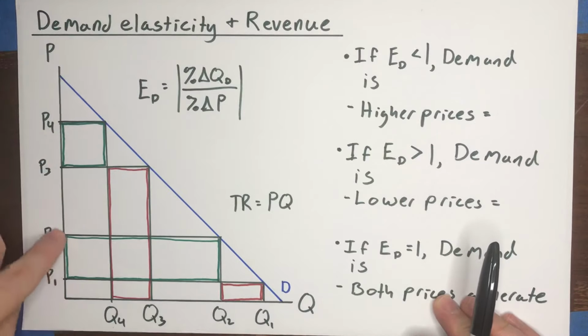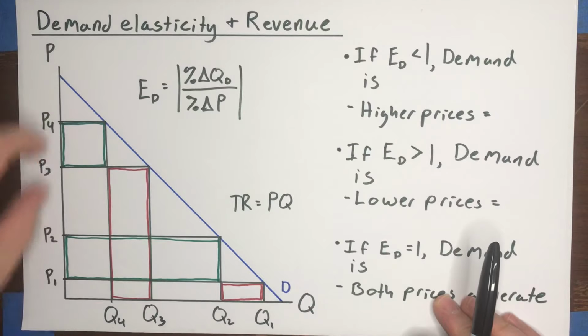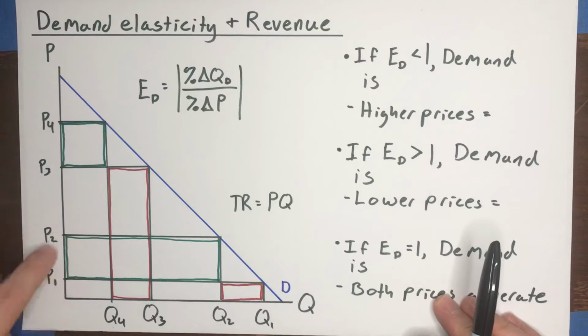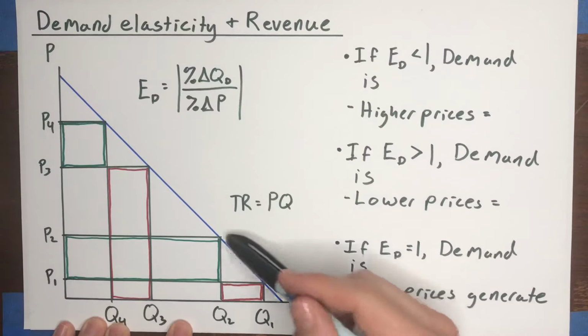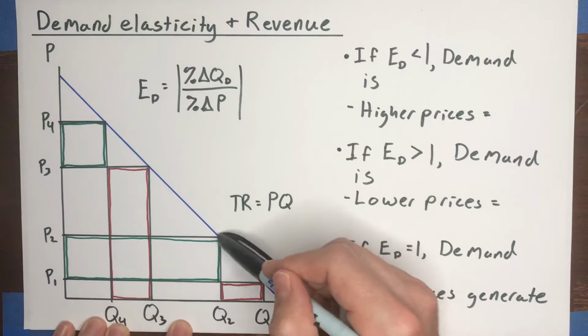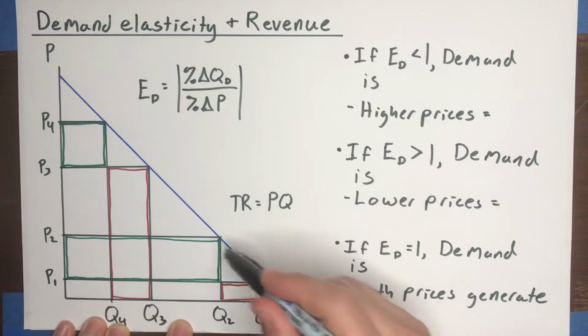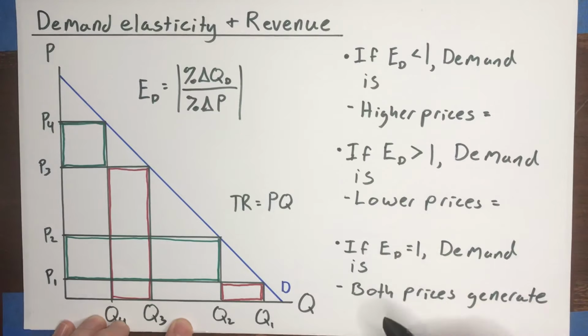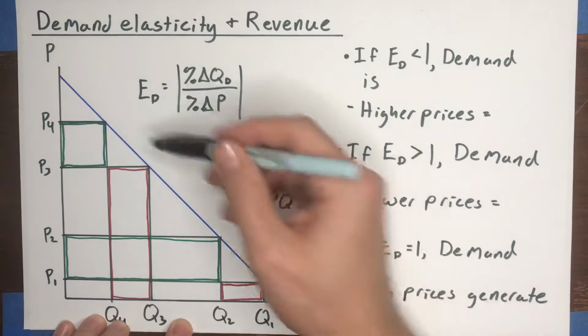So even though the absolute dollar difference between these 2 points and those 2 points is the same, the percentage difference is much bigger between those 2 prices than it is between those 2 prices. So here, quantities are changing slowly, prices are changing quickly, so you care about the price. The higher price is what's going to dominate in that calculus.